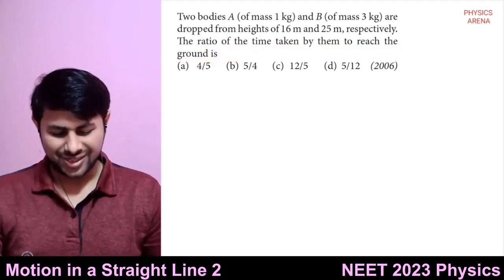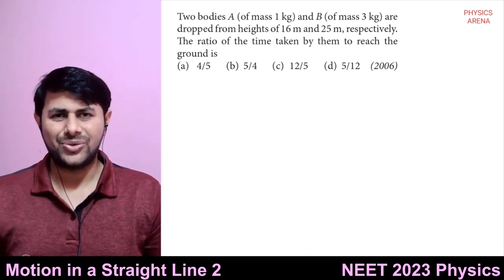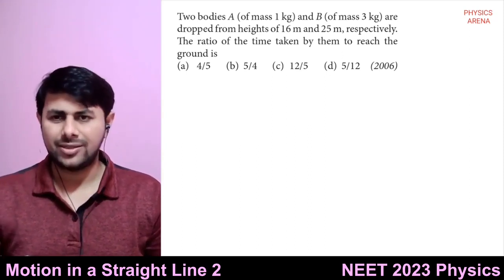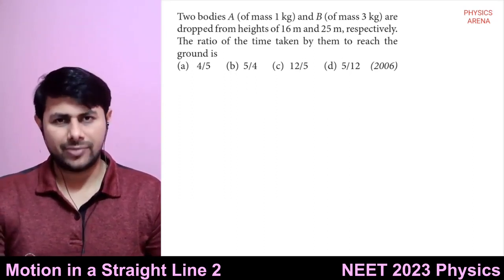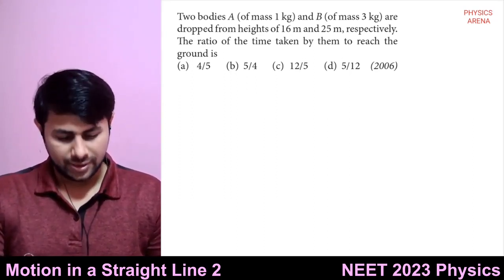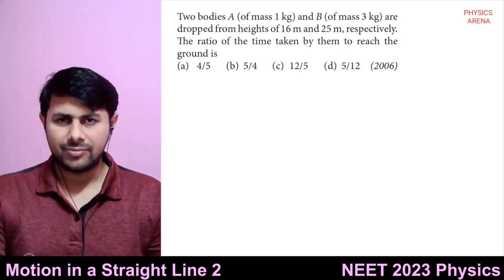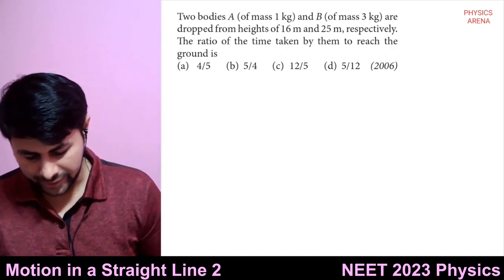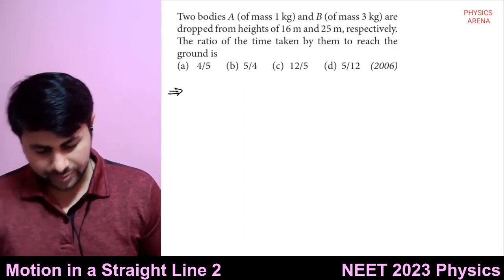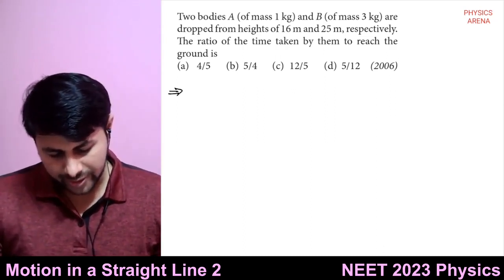Does the acceleration due to gravity depend on the mass? No. They will experience the same acceleration, which is 9.8 meters per second square, and we'll take it as 10 approximately.